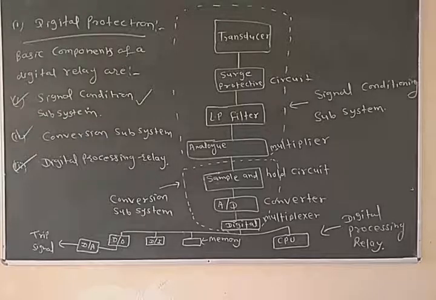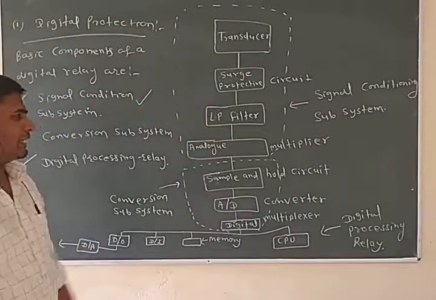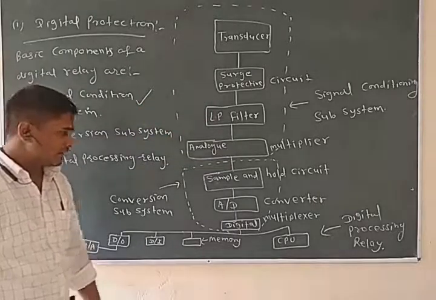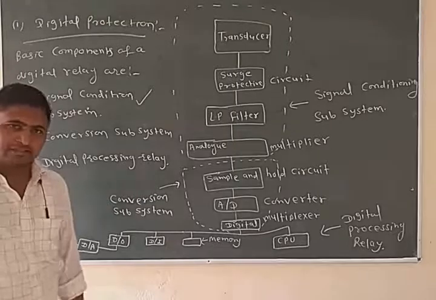In the signal conditioning system, the components are transducer, surge protective circuit, LP filter, and analog multiplexer. Similarly, in the conversion subsystem, the components are sample and hold circuit, analog to digital converter, and digital multiplexer.